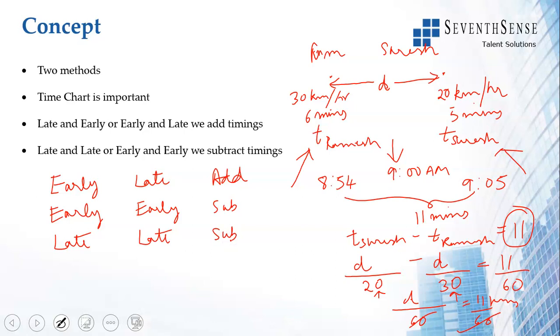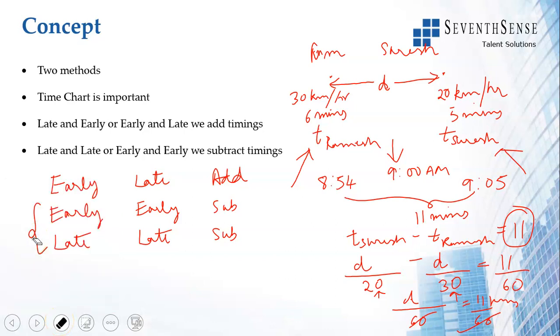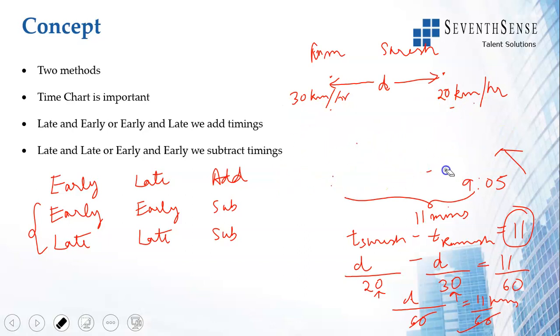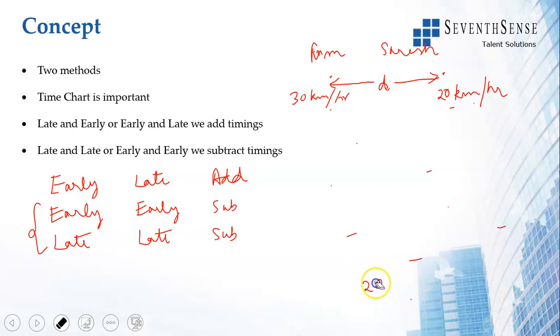Now we have seen this. Let us delete it and see what will happen if both of them are early and both of them are late. Now, D is the distance.